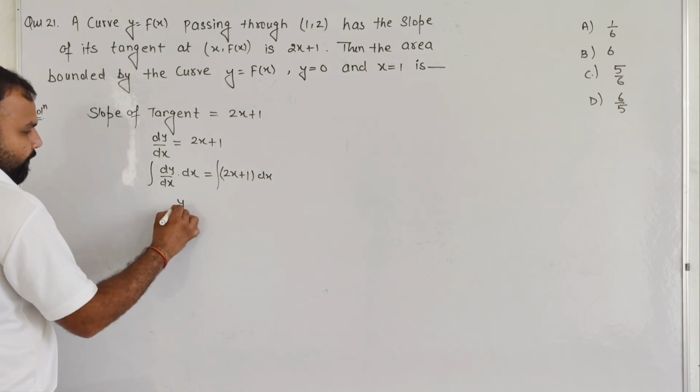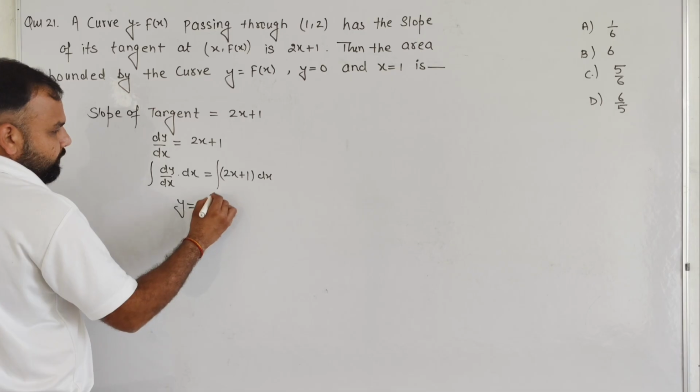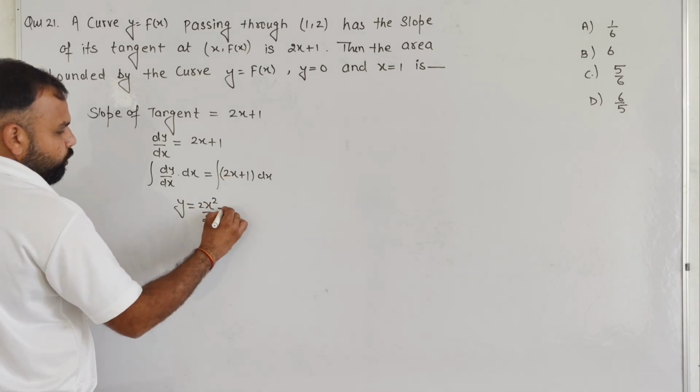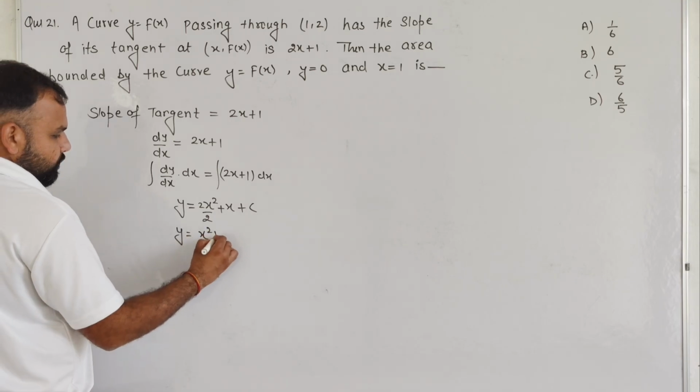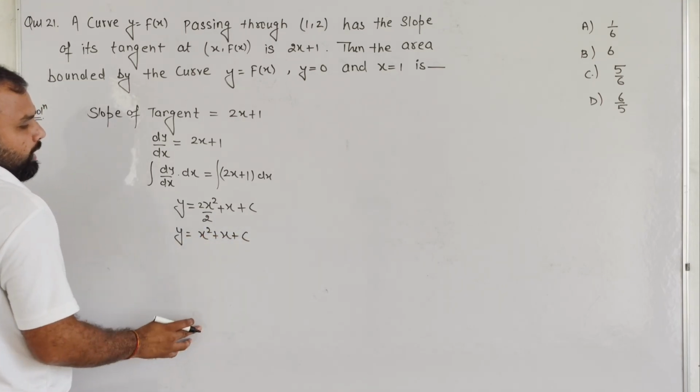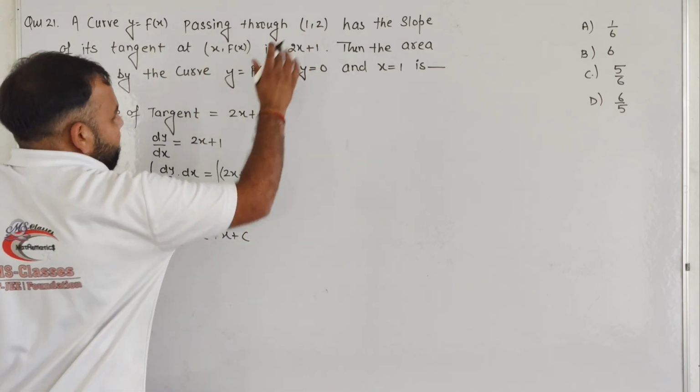Student, it will become y and it will become x square, 2 times x square by 2 plus x plus constant c.